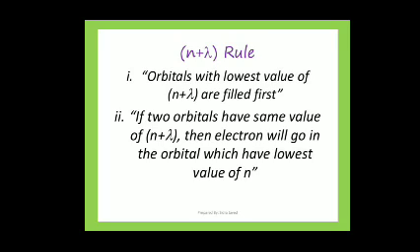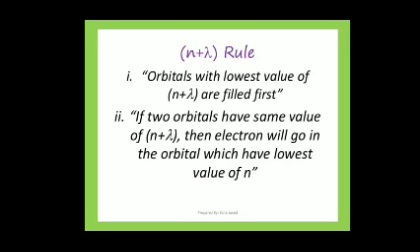So the 2p orbital n plus l value is 3 and the 3s orbital n plus l value is also 3. These two orbitals have the same n plus l value. If the n plus l value is the same for two orbitals, the orbital with the lower n value has lower energy. So for 2p and 3s, n plus l is 3, and the electron enters the 2p orbital first.